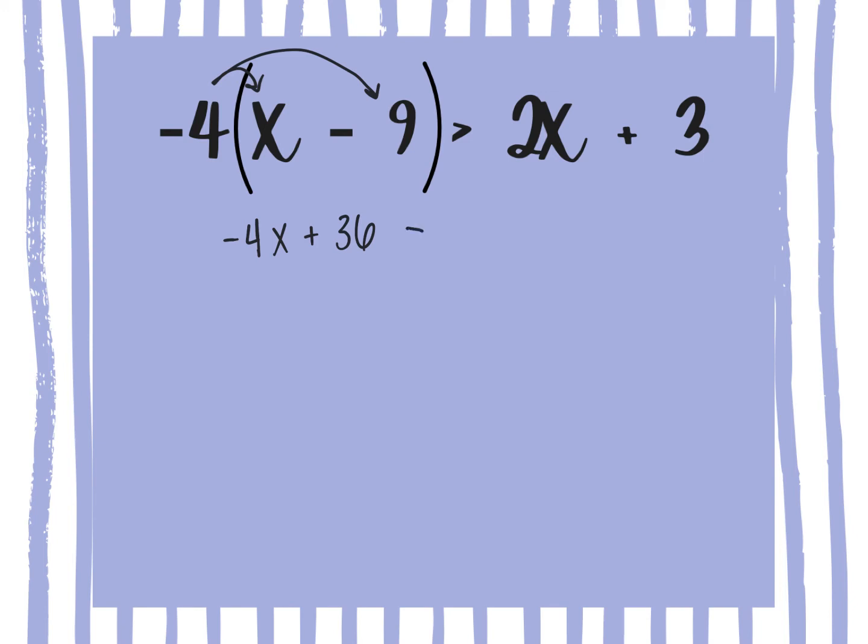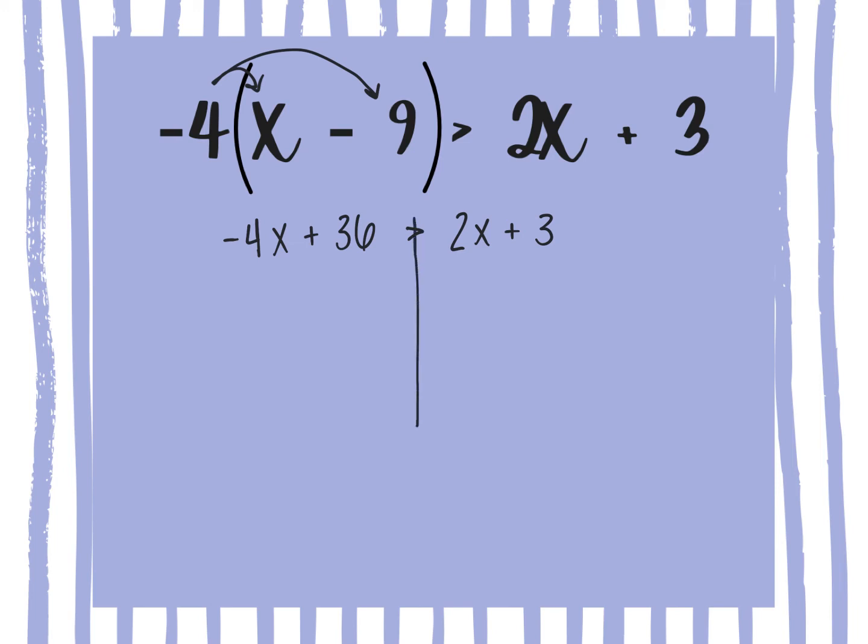In this case, I'm not actually multiplying that side by anything that wasn't there before. The negative 4 just needed to be distributed. I'm not multiplying both sides by anything or dividing both sides by anything. So in this case, I don't actually need to move my sign. It's going to stay greater than for now.